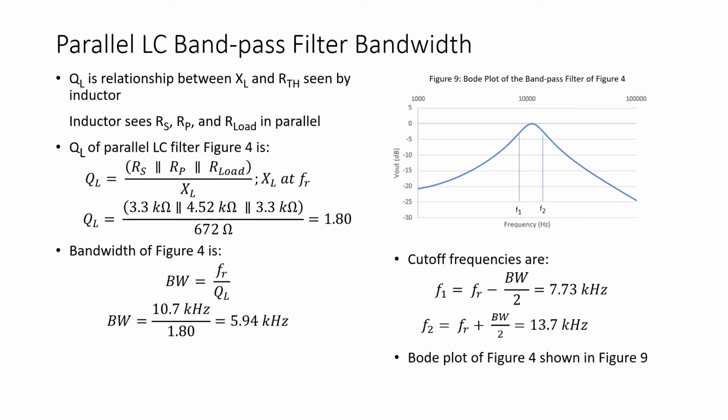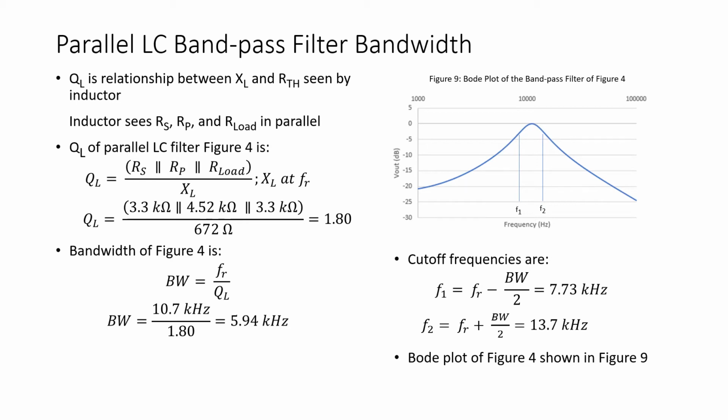Now, as with our previous bandpass filter circuit, our analysis begins with finding the loaded Q factor of the filter. The loaded Q factor is the relationship between X sub L and the resistance as seen by the inductor.